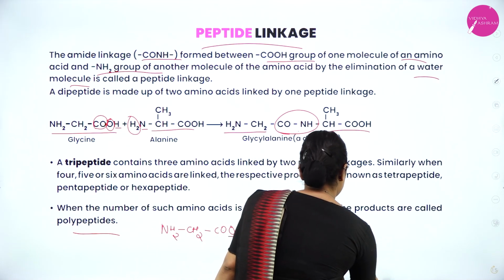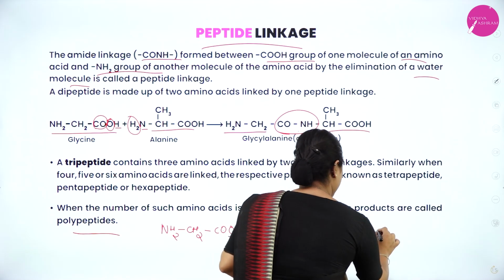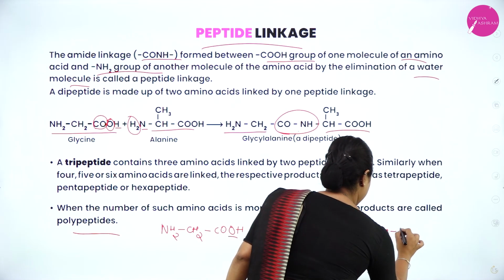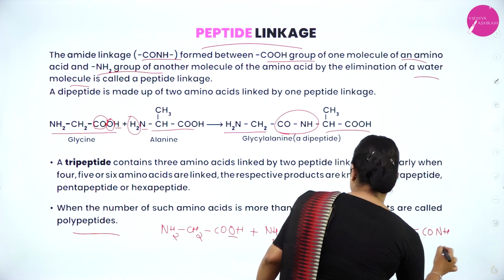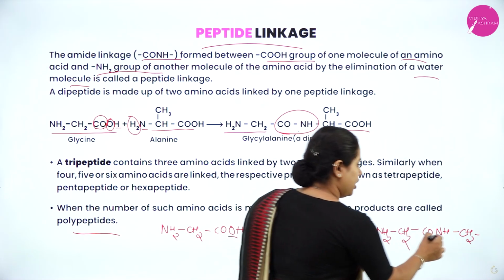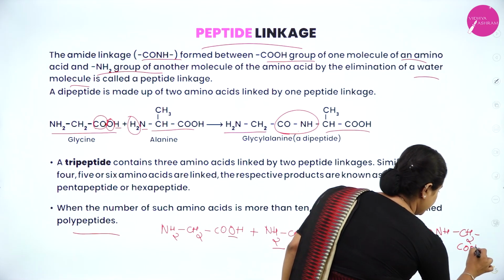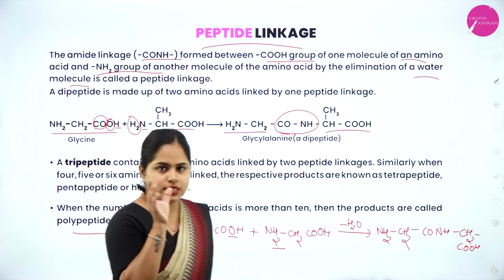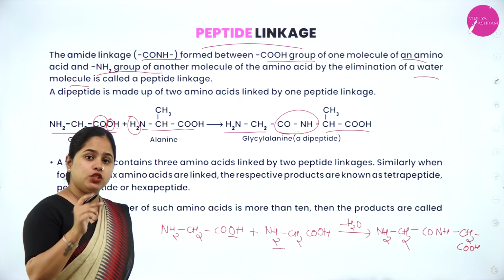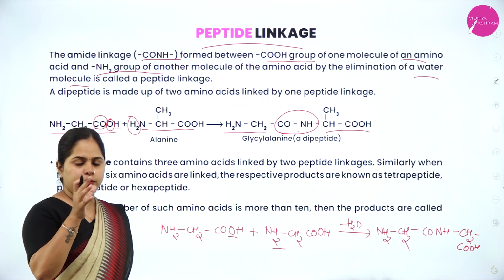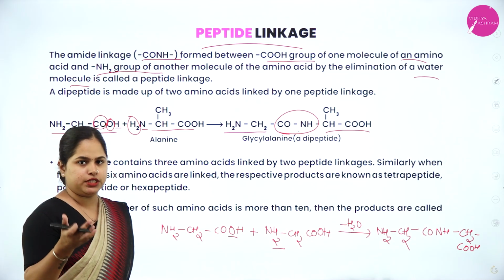Water will be removed and you will have NH2, CH2 which is already present, and you will have a CONH bond which is a new one formed between this, and you will have CH2 and COOH forming here. Clear? So the CONH bond which is formed by the removal of water between 2 different or 2 same amino acids is called the peptide linkage.